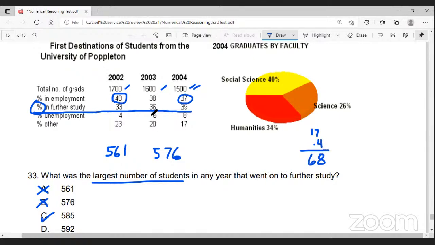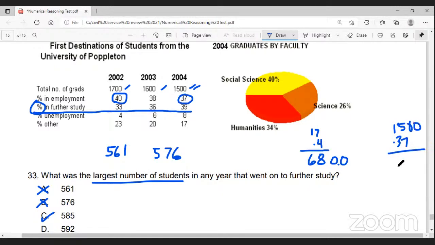We still need to add zeros. One decimal, 680. Oo, 680. Then 1,500 multiplying 0.37. What's the result?